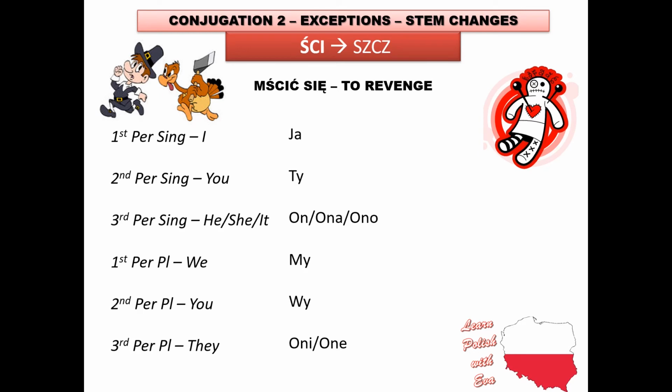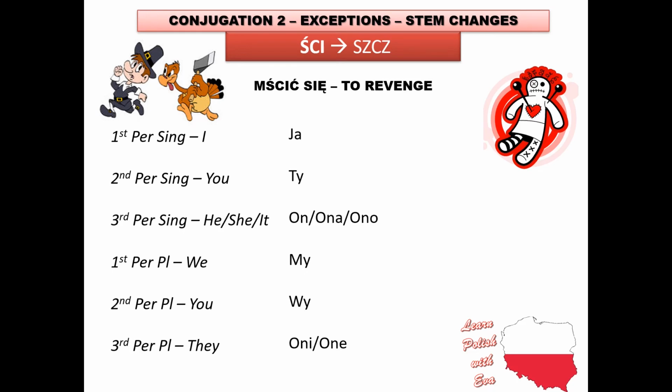Another verb, this time from a different stem change, from ści to szczy. The verb I've chosen is mścić się, to take revenge on someone. It's a reflexive verb as well, because we can see the reflexive pronoun się. With a reflexive pronoun, we just know that after the conjugated verb, we add this reflexive pronoun się.